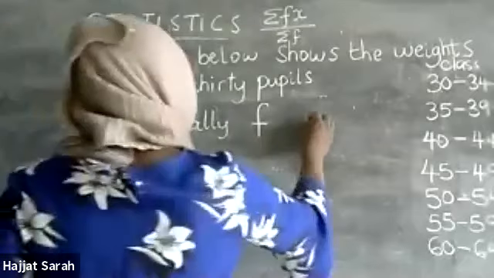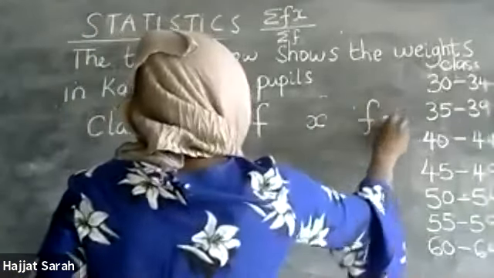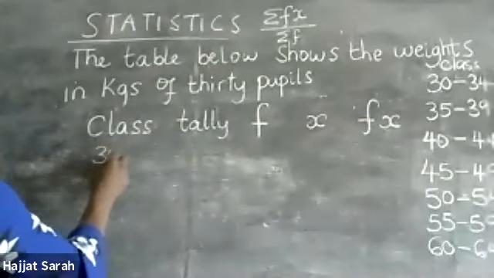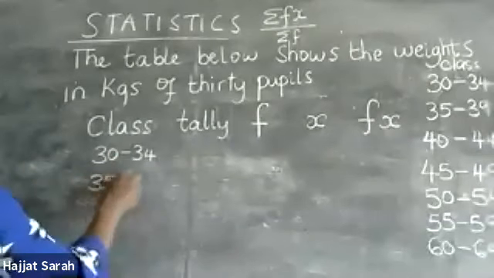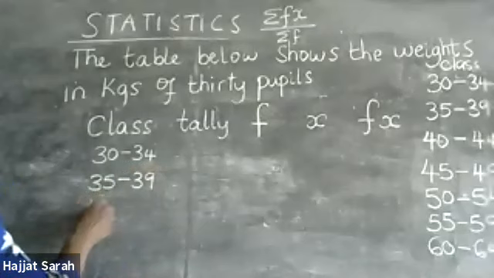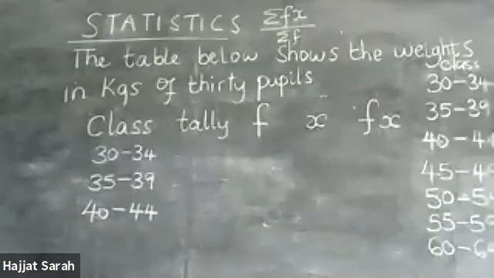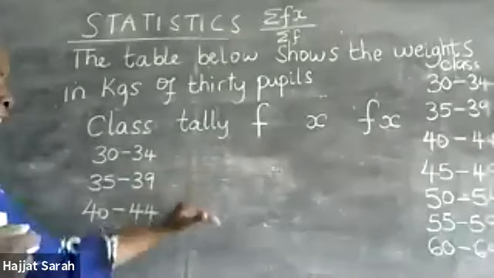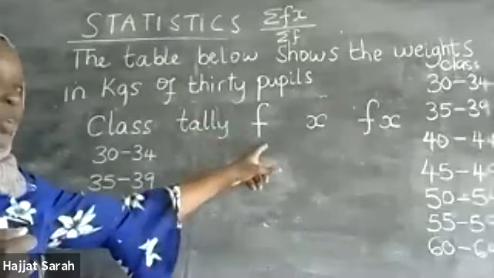Then we need X, and then we shall work out Fx. Now when I have 30 to 34, 35 to 39, 40 to 44, and so on, up to our last class, we are going to work out that tally. That one we are comfortable with. From the tally, you get the frequency.